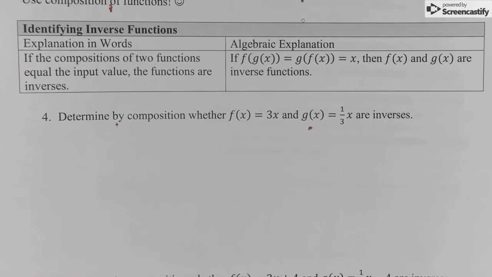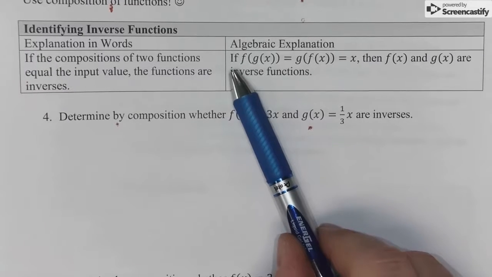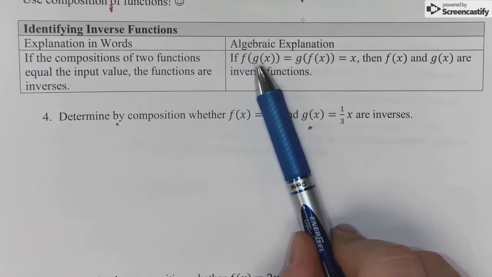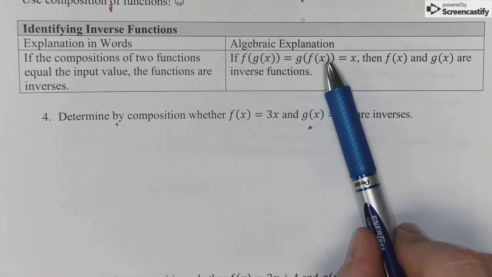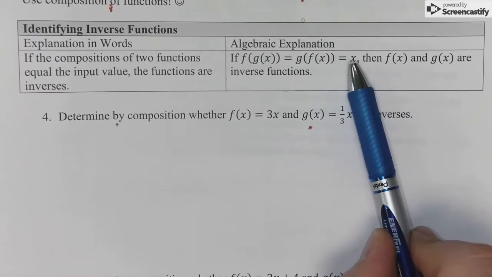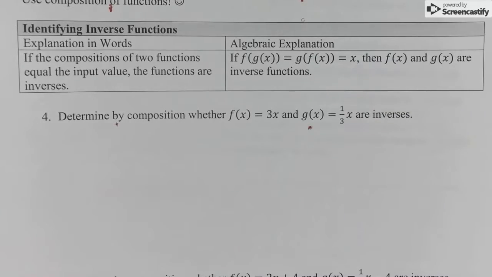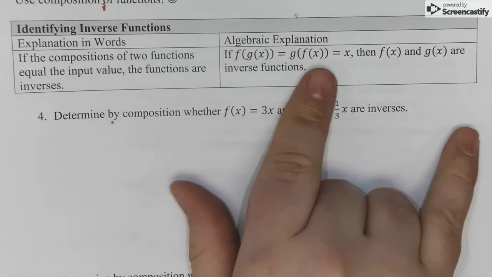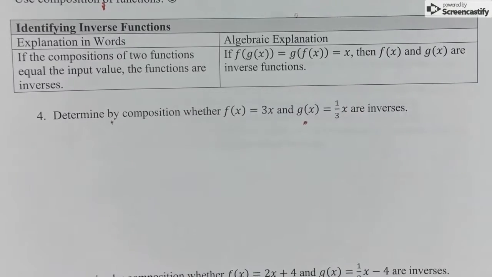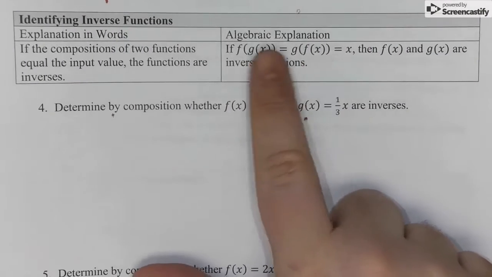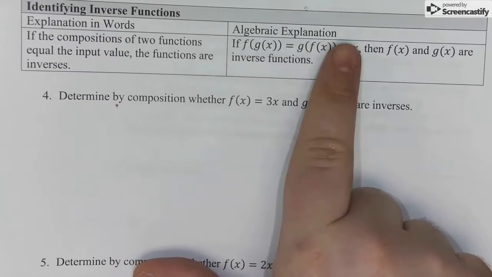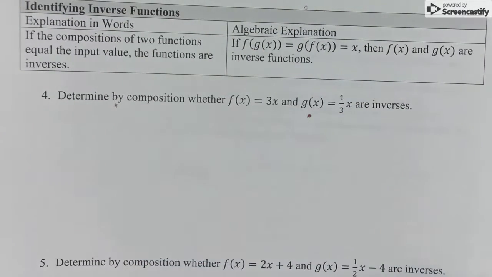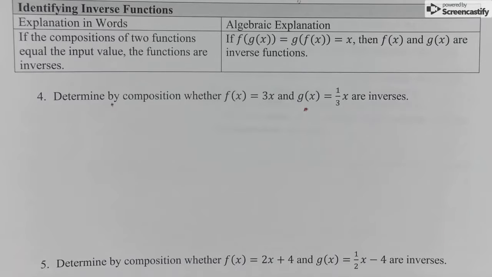In algebraic terms, that says if f of g of x and g of f of x both equal x, then f of x and g of x are inverse functions. And we saw in the notes in the last section that it's not necessarily true that these are the same. So if they are the same, then you know that these are inverse functions.